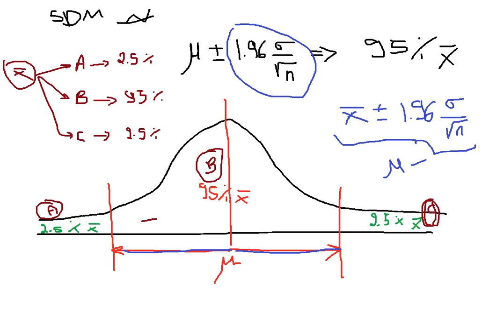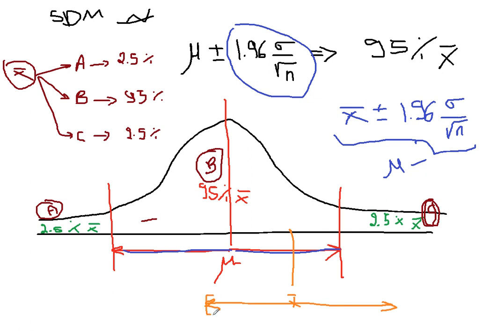Well, let's try and see. Let's say you picked an X bar that happens to be here. So this is your X bar right there. Now, if you take that X bar and you build the exact same fence that we did right here, you're going to go up 1.96 and you're going to go down 1.96.